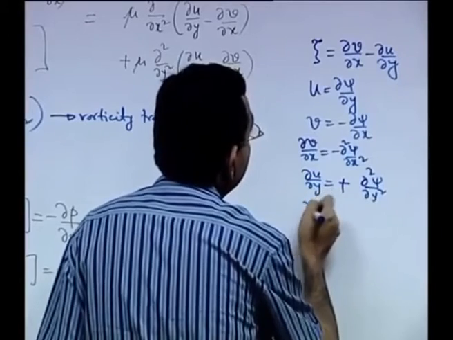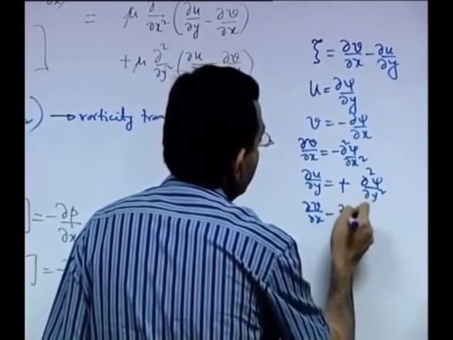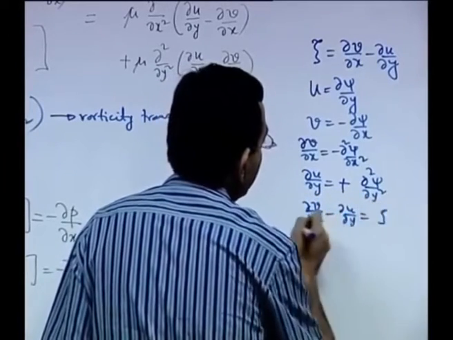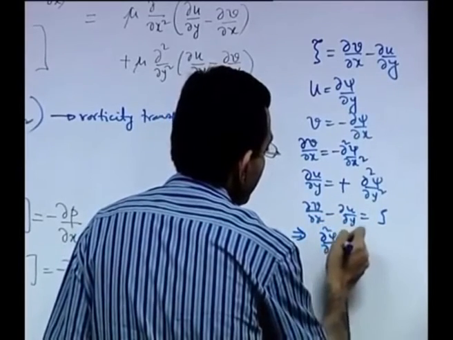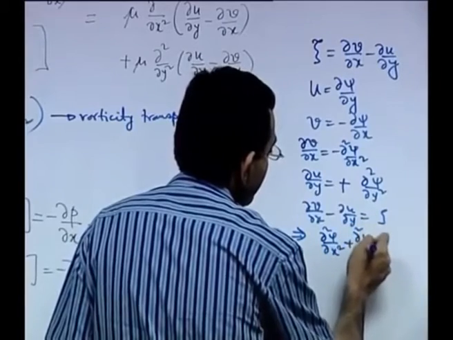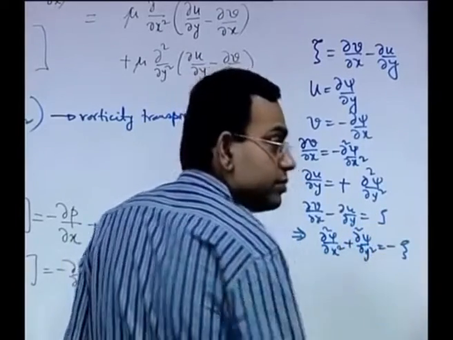So, del v del x minus del u del y equal to zeta implies del square psi del x square plus del square psi del y square is equal to minus zeta.